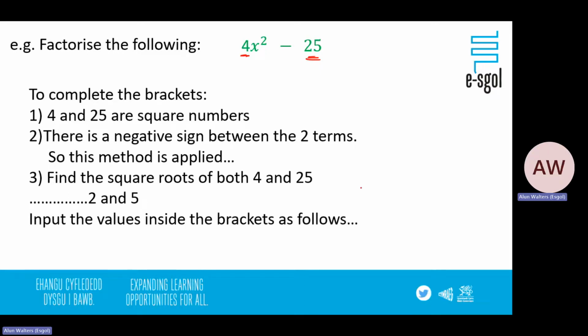Okay, so you write down the square root of 4x squared is 2x. So you put that at the beginning of both brackets, and the square root of 25 is 5. In actual fact, the square root of 25 is plus 5 and minus 5. So you put a plus in front of one and a minus in front of the other.